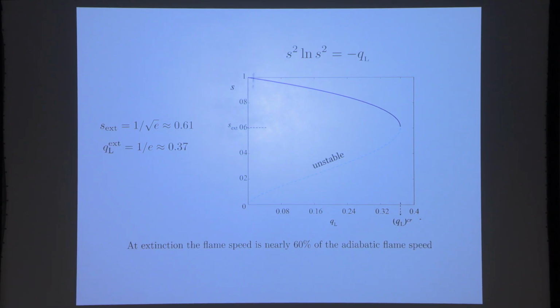But what is interesting to remember is that the flame speed at extinction is about 0.6 of the laminar flame speed. In other words, you reduce the speed to about 60% of the laminar flame speed, and the flame will extinguish.